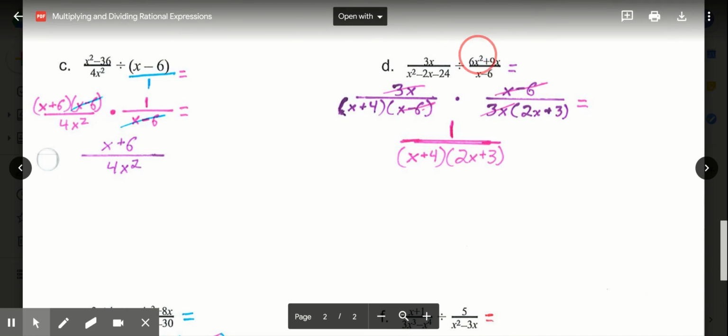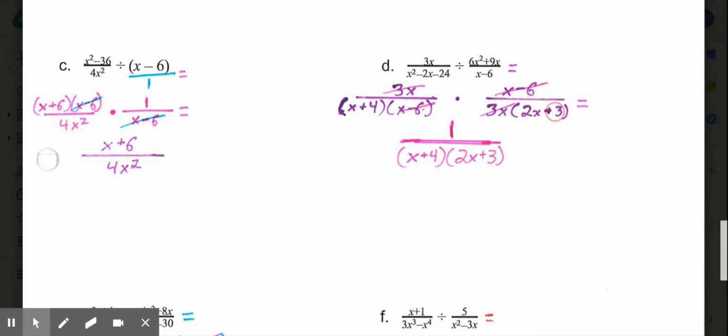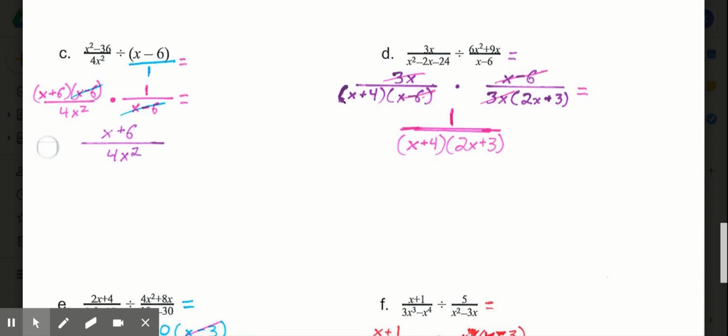And then factoring the 6x squared plus 9x, I can divide out a 3x. So I have 2x plus 3. So in this case, what I can cancel: x minus 6 and x minus 6, 3x and 3x. So I'm left with 1 over x plus 4 times 2x plus 3.